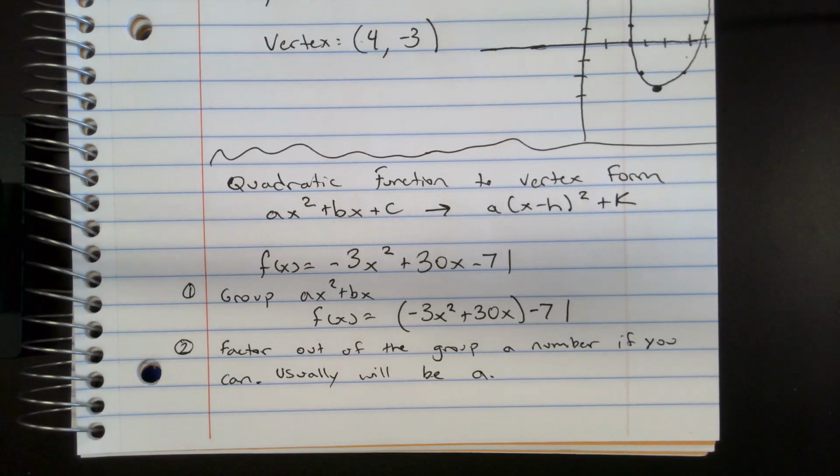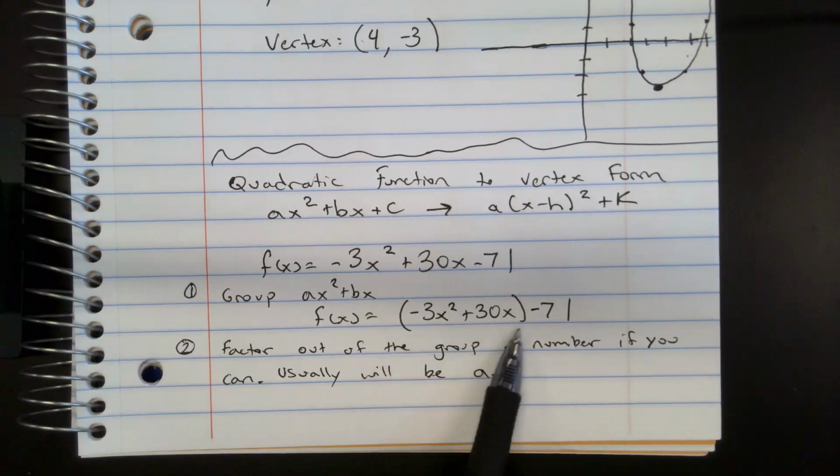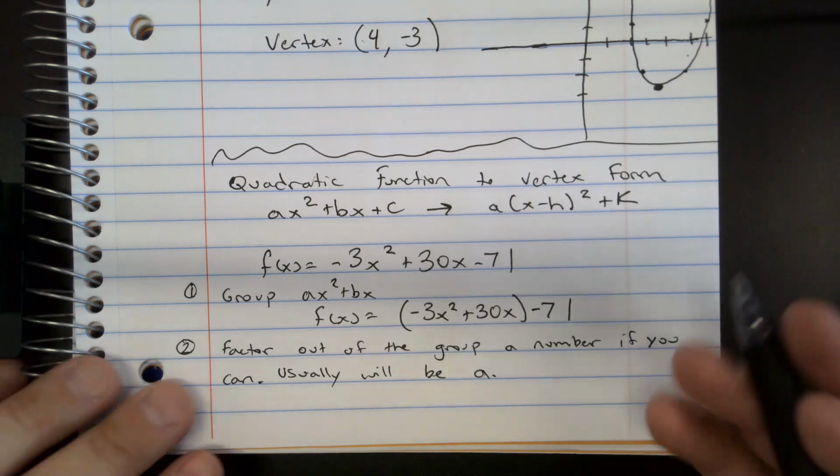Okay, so what can I factor? Look, we're not doing variables right now. When I say factor out in this part, all we're looking at is numbers. I know they both have an x, but we're not factoring out an x. We're leaving x alone. All we're doing is factoring out the numbers. If a is a negative, factor that. I always just see if I can pull a out. If you can, that's great.